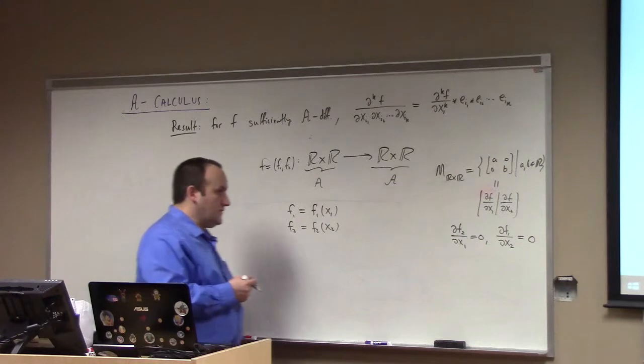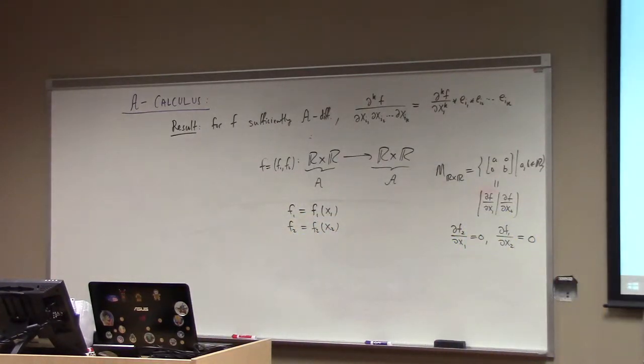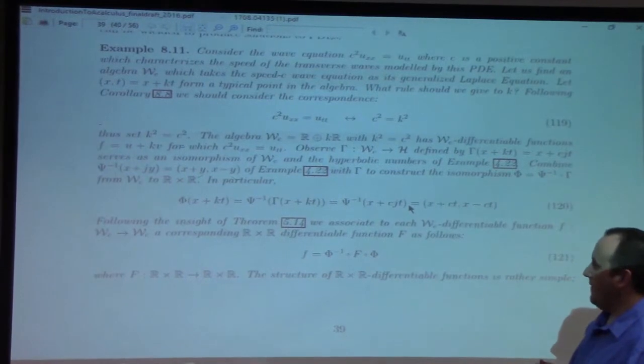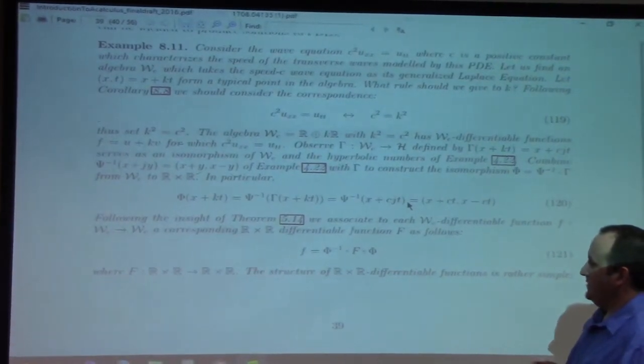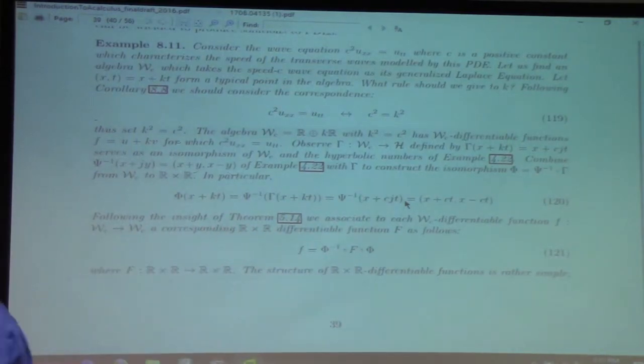So a differentiable function on the direct product algebra is simply a tuple of functions of each variable separately. So that's why, okay, there's the isomorphism between the WC algebra and the R cross R algebra. And then I use that isomorphism theorem, right? The isomorphism theorem says that since WC is isomorphic to the direct product algebra, I can take an arbitrary function here.